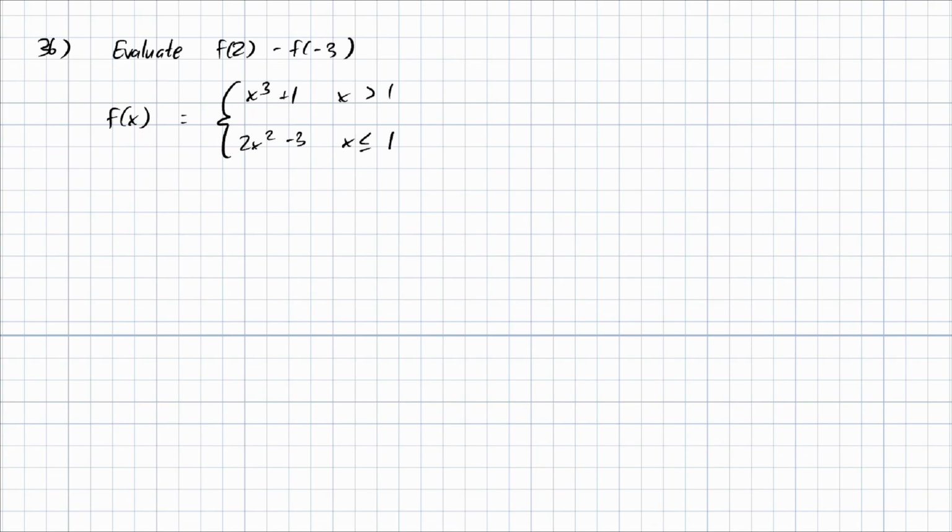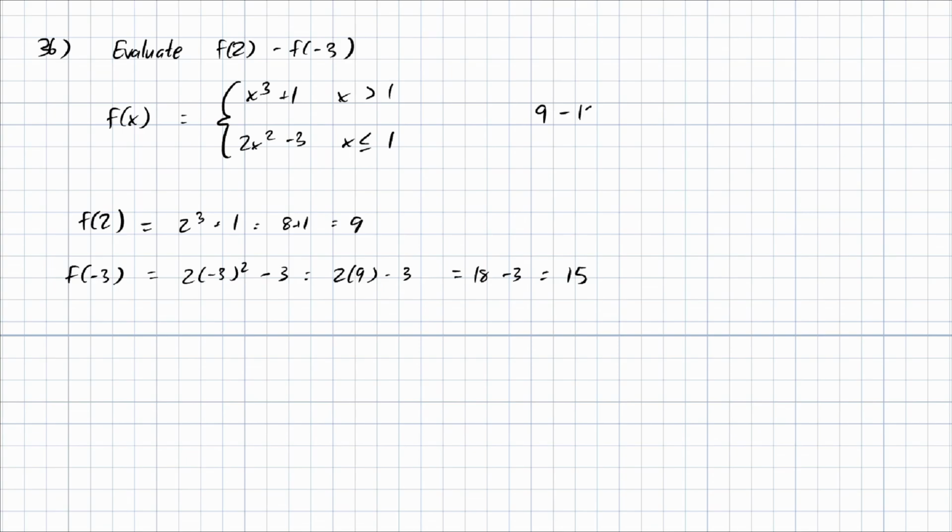So f of 2, we use the top one: 2 cubed plus 1 equals 8 plus 1 equals 9. f of negative 3, we use the bottom one: 2 times negative 3 squared minus 3 equals 2 times 9 minus 3 equals 18 minus 3 equals 15. Now we just do 9 minus 15 equals negative 6. That is your answer.